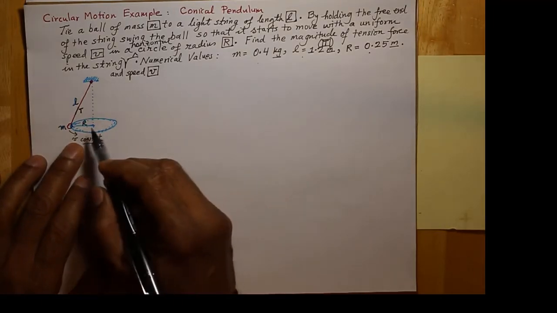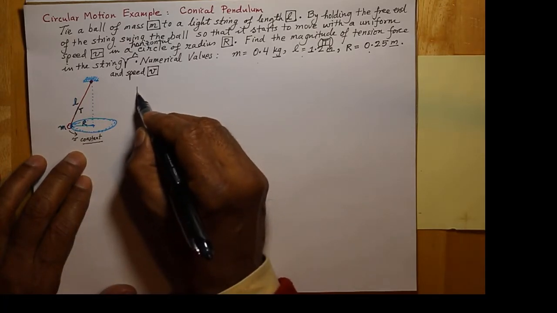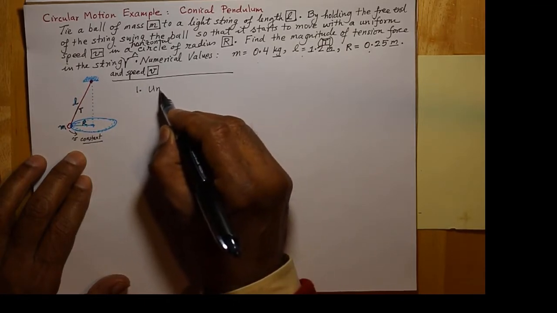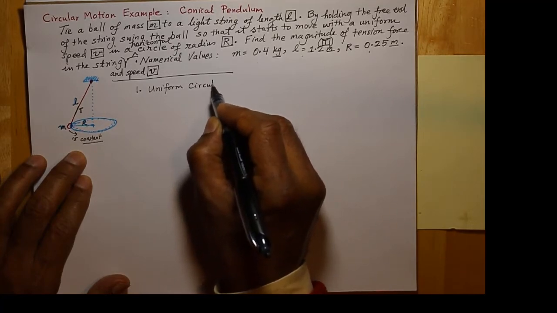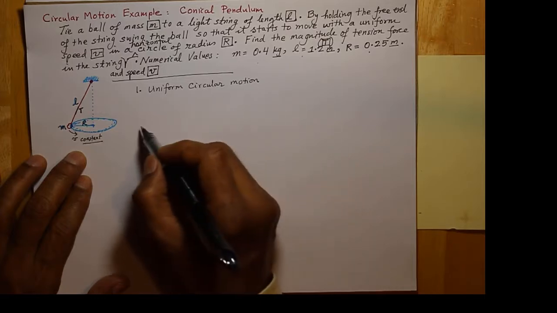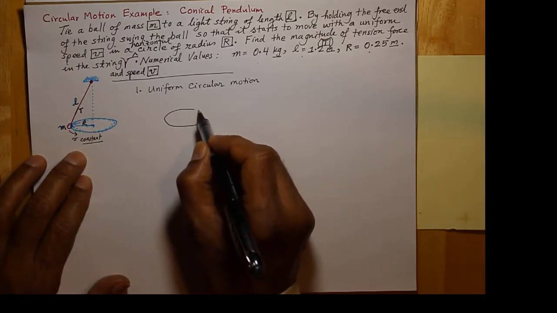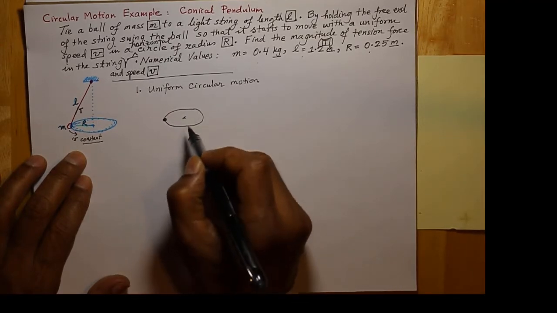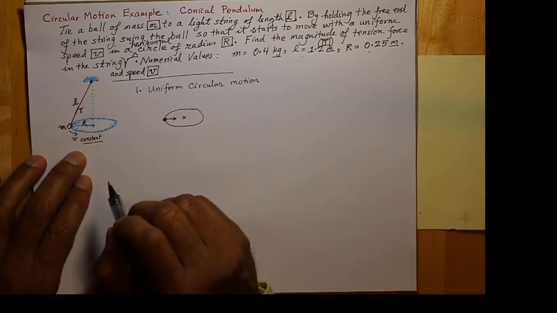in a circular motion, first thing to notice is this is a uniform circular motion, meaning when it's going in a circle, when it's over here and this is the center of the circle, the acceleration is pointed in that direction.